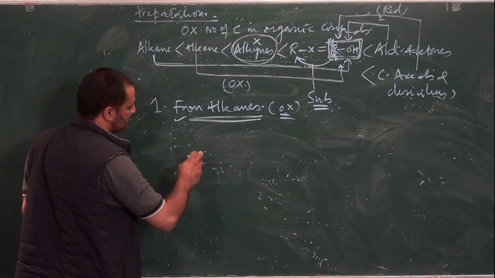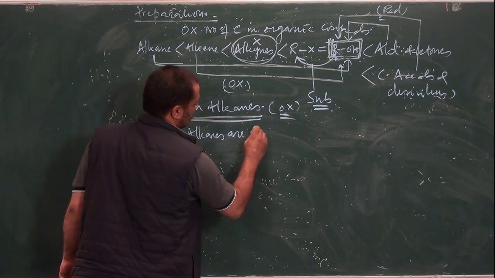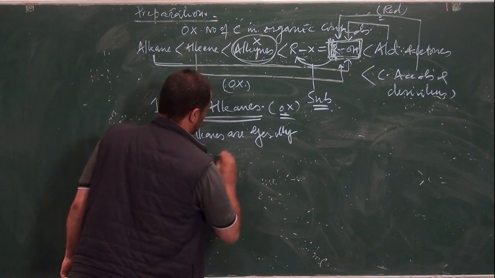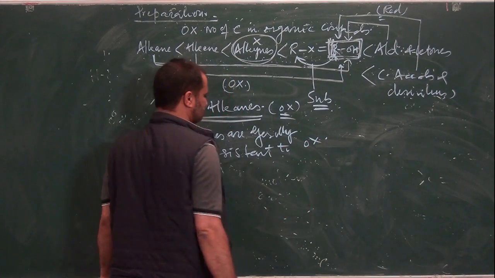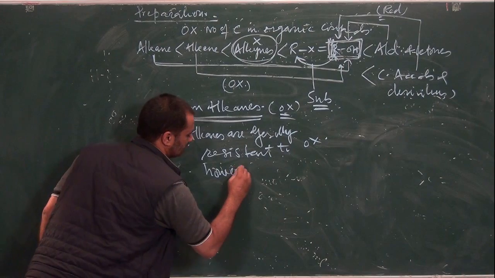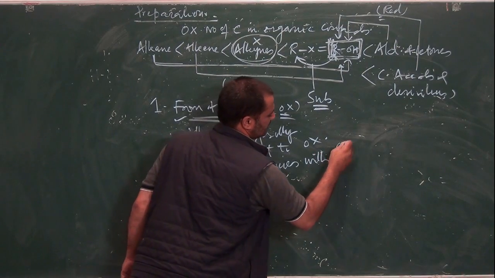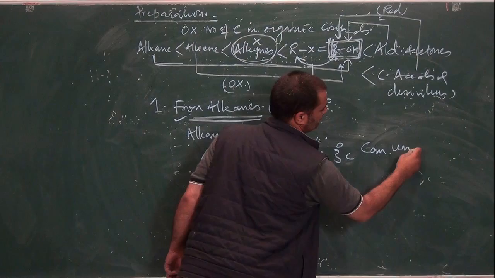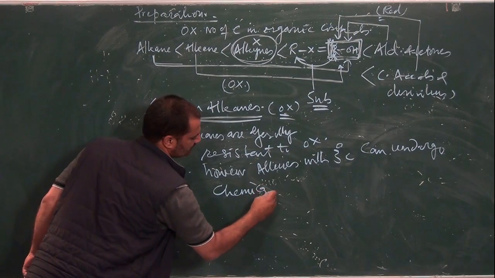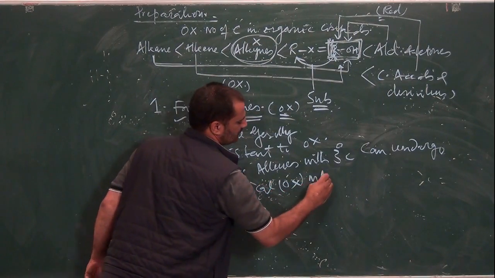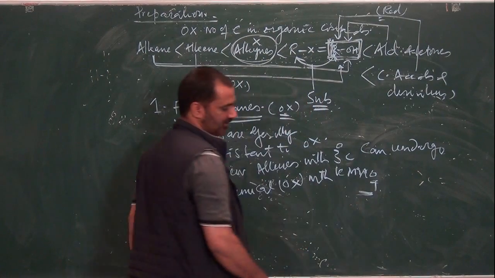So this is from alkanes. Alkanes are generally resistant to oxidation. However, alkanes with a tertiary carbon can undergo chemical oxidation with KMnO4, potassium permanganate.